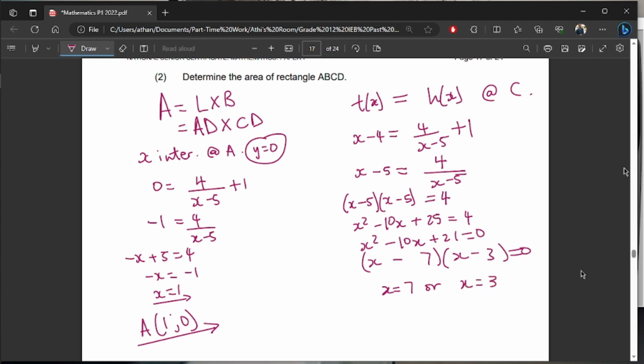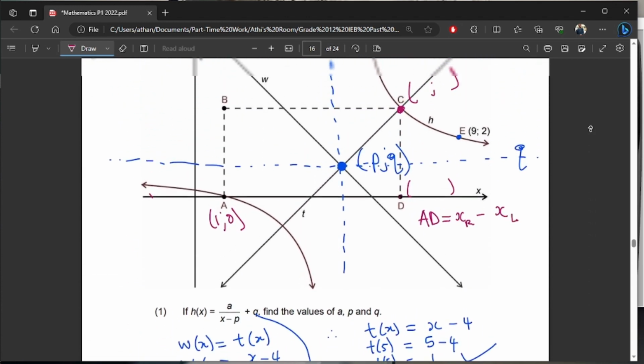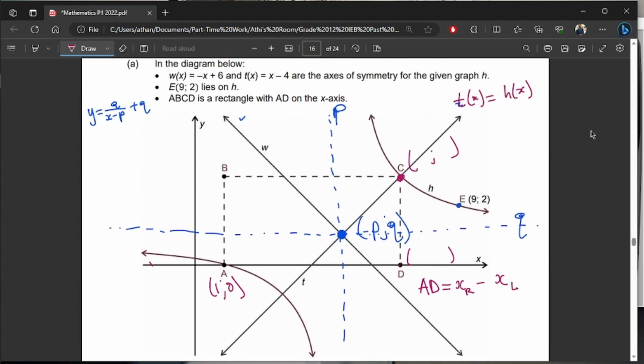Okay, but now remember we're looking for the coordinates of C. I'm going to go back to the diagram now. We got 7 and 3. We're trying to see which one is the value of C there. If you look closely, the x-value of C would be 7.